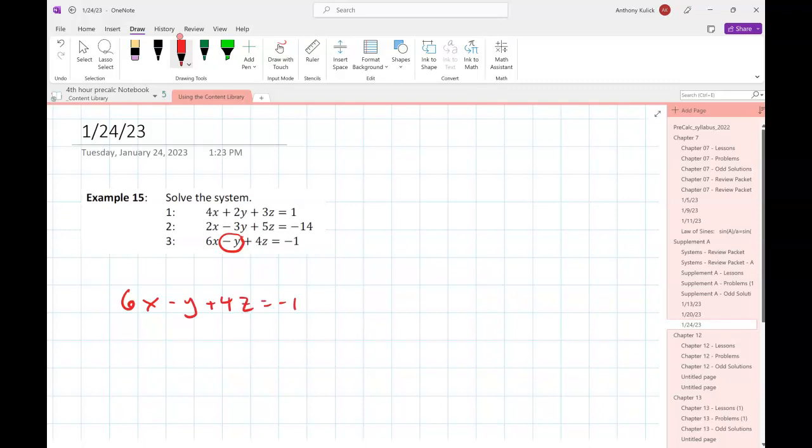So to get the -y by itself, I'm going to subtract 6x and subtract 4z. And then I'll divide everything by -1.